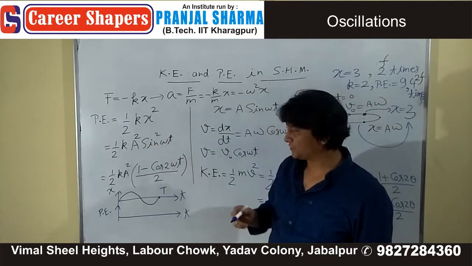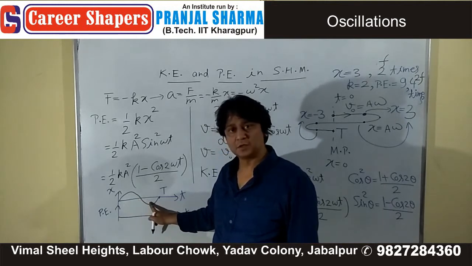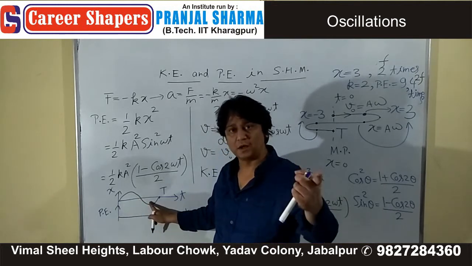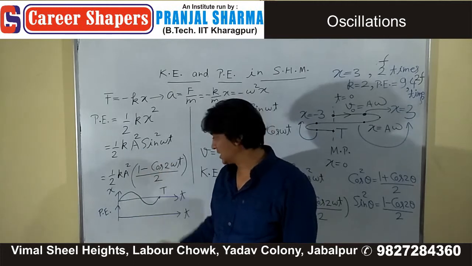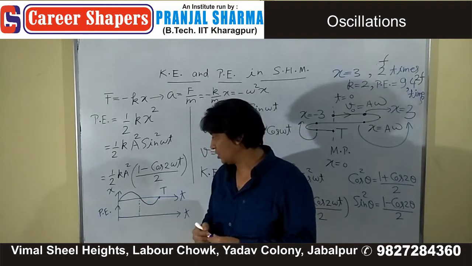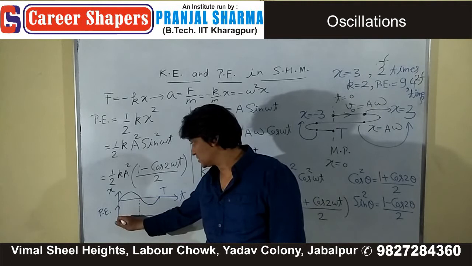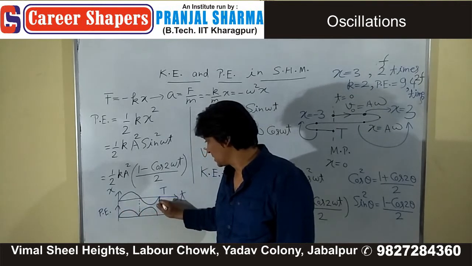How do you plot a graph of sine square? This is sine plus, this is sine minus. But when you go for sine square, this negative part and positive part both become the same. And if they both become the same, then your graph looks like this.